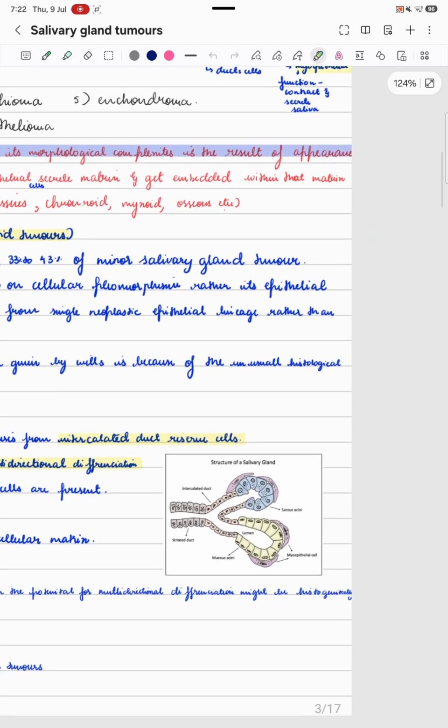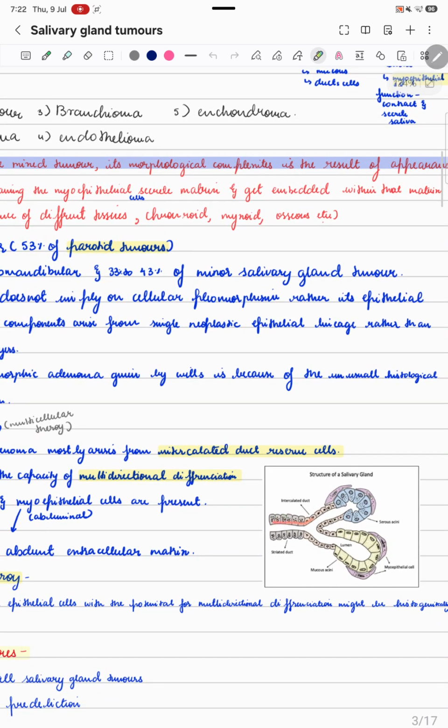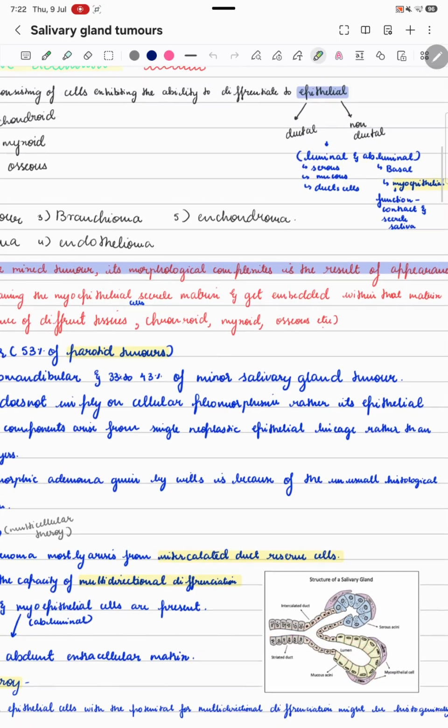So basically the ductal cells proliferate, and they are present in the lumen, so they are also called luminal cells. And the cells present outside the lumen are your abluminal cells.